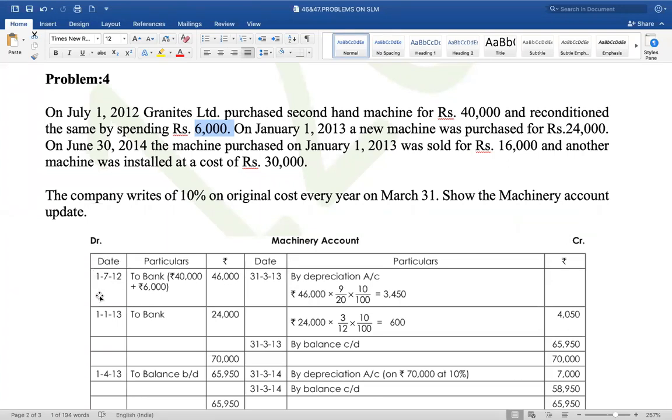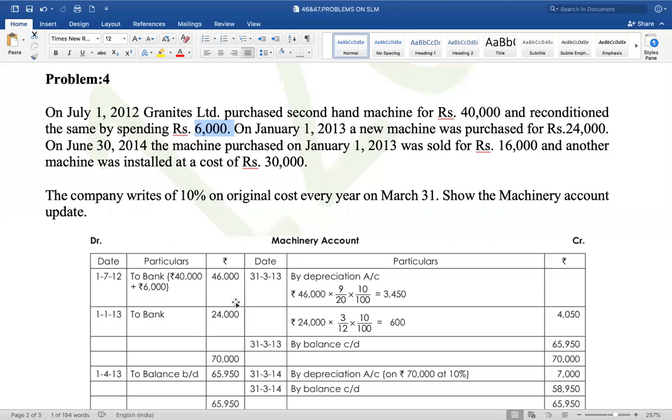So this happened in July. We have recorded it. There is another machine purchased in the same accounting period for 24,000. We'll record that also. Machinery account debit to bank on 1st of January 2013. It is in the same accounting period.